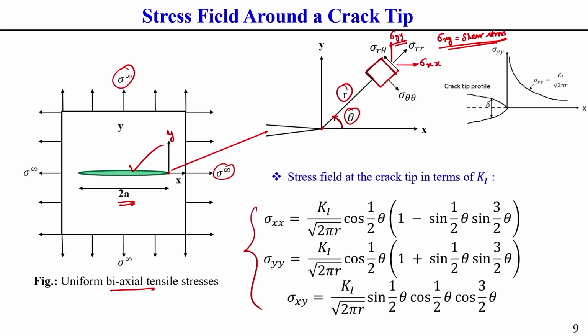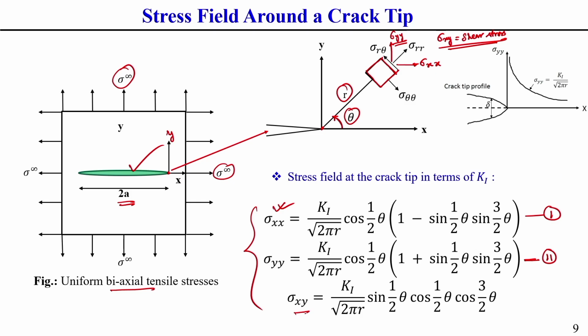So, you see, at a component at a radial distance r and angle theta with the x axis, you can see in equation number 1 how sigma xx varies. Sigma yy is generally perpendicular to the crack length direction, and that stress we can also get.